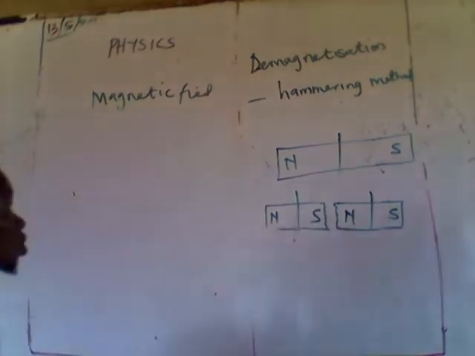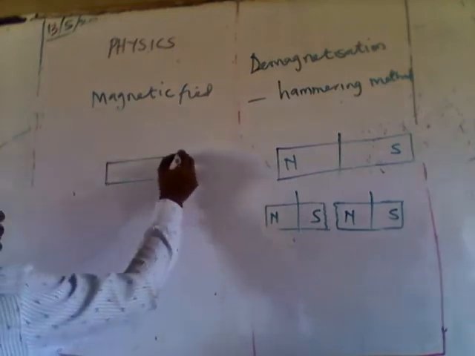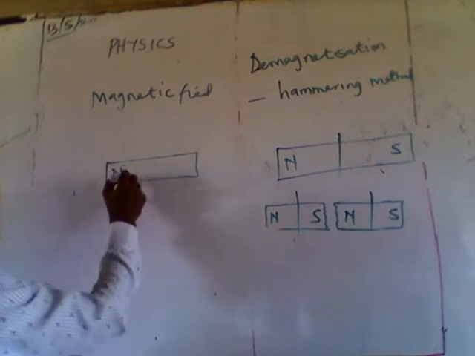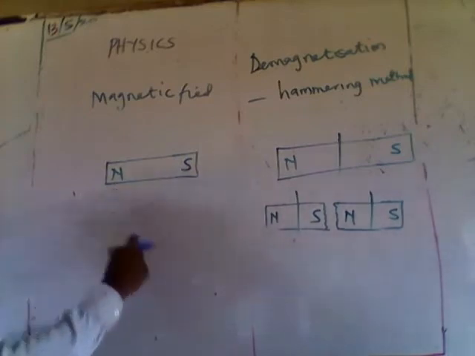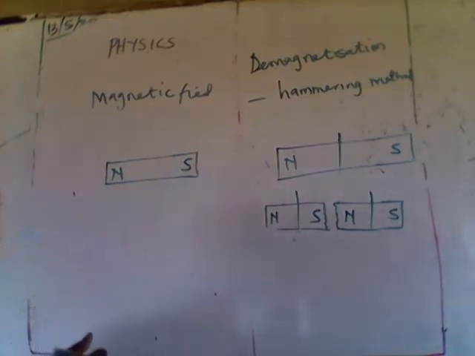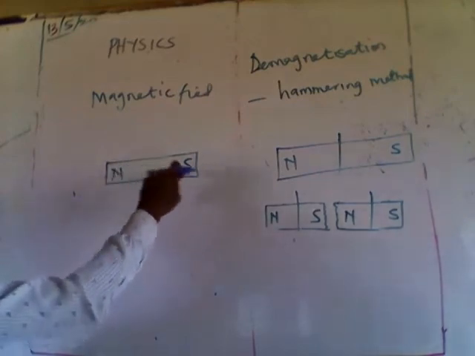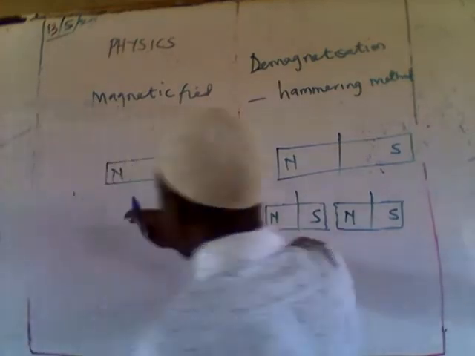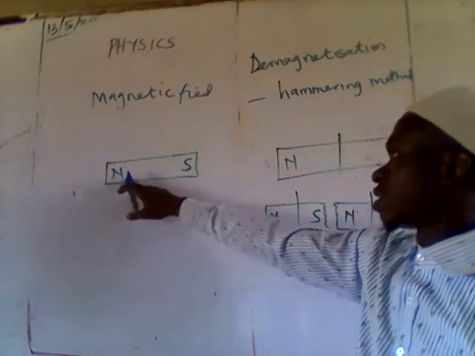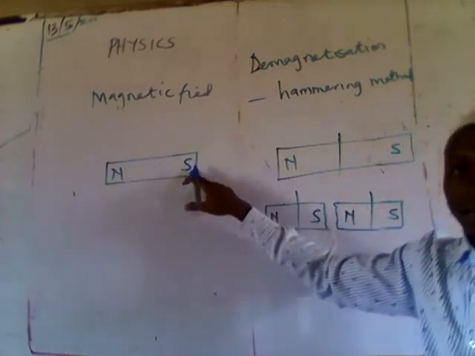For example, let's draw a bar magnet field. This is our bar magnet, this is our north, this is our south. As in current electricity, where charges flow from one terminal to the other, likewise there will be movement of magnetism from one pole to the other. North serves as the positive pole, while south serves as the negative pole.